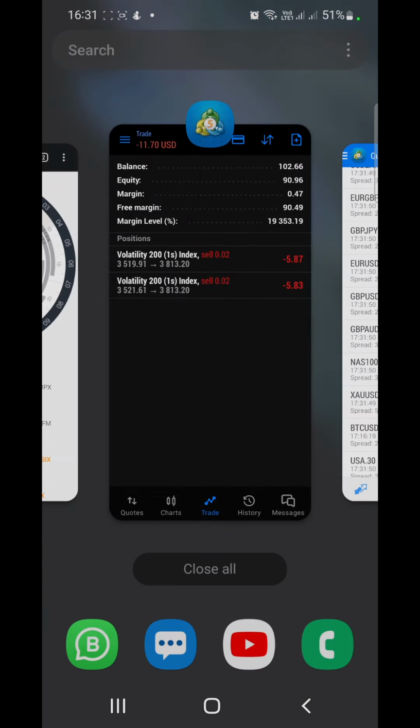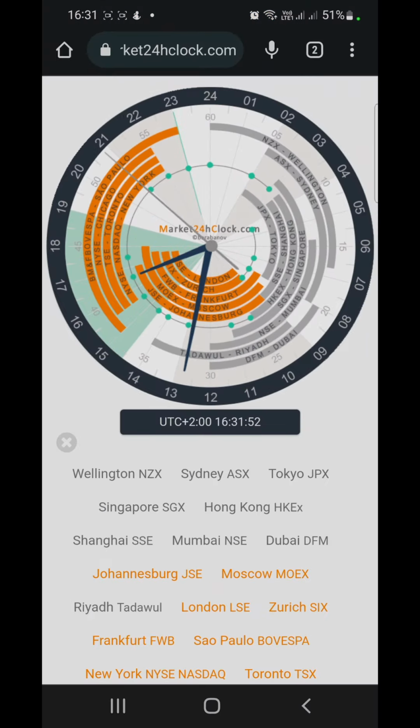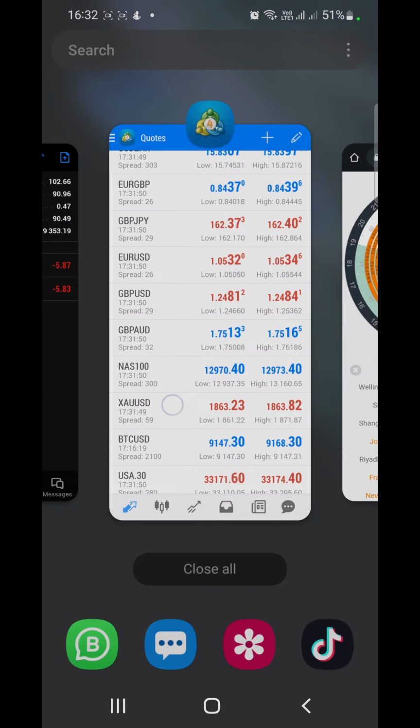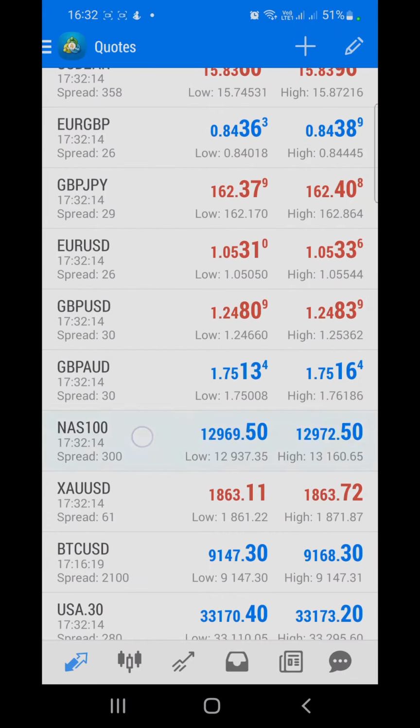Meaning, as you go back to your market 24-hour clock, you will know that anything that has the USD in it, anything that has the ZAR, the Great British pound, or the euro in it is moving fast.